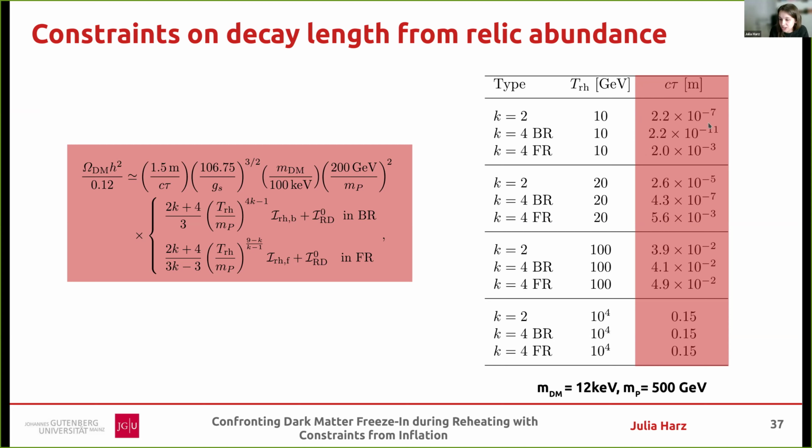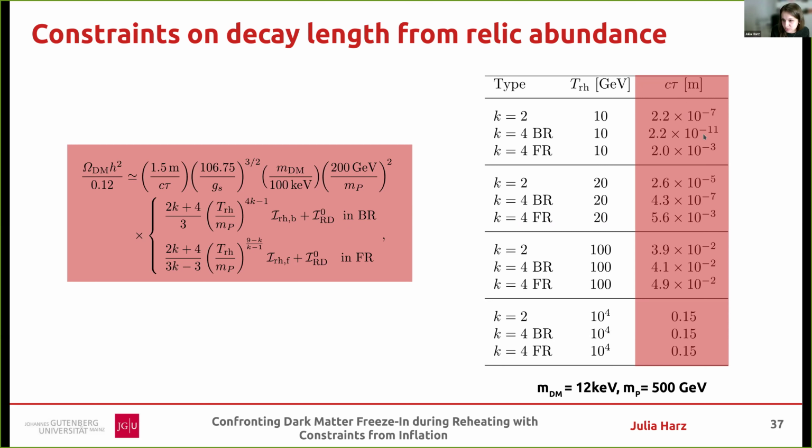So due to the larger dilution, you have here the smaller decay length because you need a larger coupling to produce the right amount of dark matter. So in principle, what one predicts, if one is in such a scenario where the parent particle mass is larger than the reheating temperature, or we produce the dark matter in the reheating phase, is that we expect smaller decay lengths in general, and depending on what kind of inflationary potential, even smaller decay length depending on the scenario.